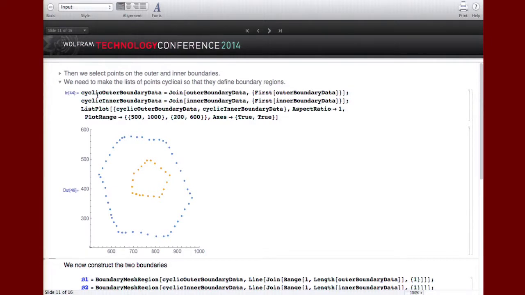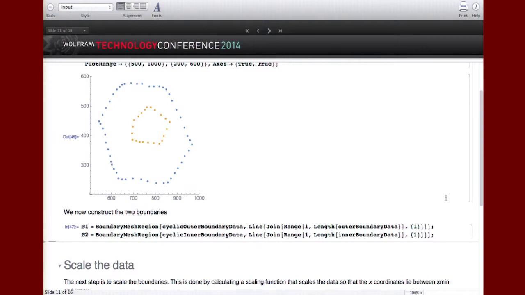So here are my two boundaries, or the points that represent the two boundaries. Since they're nice and cyclic, I can simply go ahead and use boundary mesh region to generate boundary meshes for those. I have to give it the list of points, and then of course I have to tell it how those should be connected.